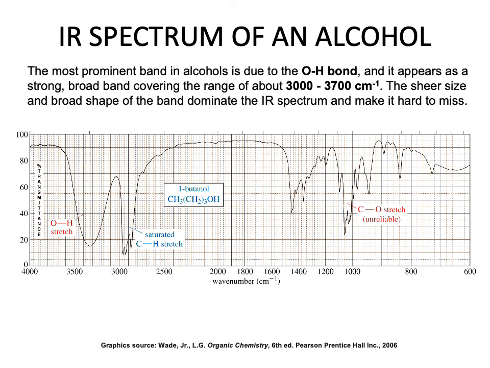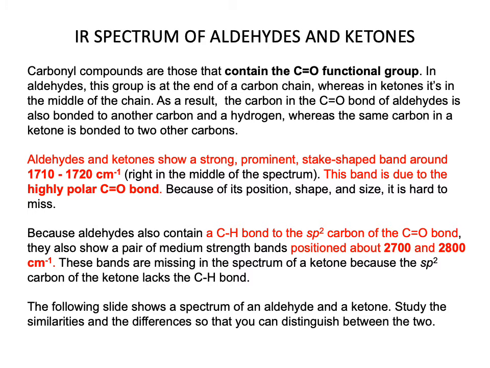For alcohol, as we mentioned, we have a broad stretching for OH between 3000 to 3500. So for the aldehydes and ketones, you need to remember that they show a strong, prominent, stake-shaped band around 1710 to 1720.